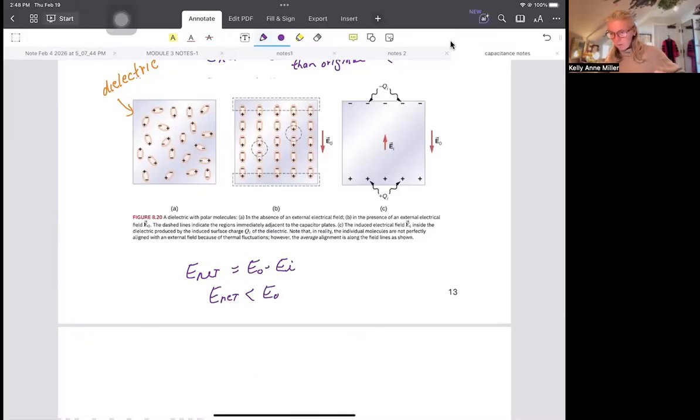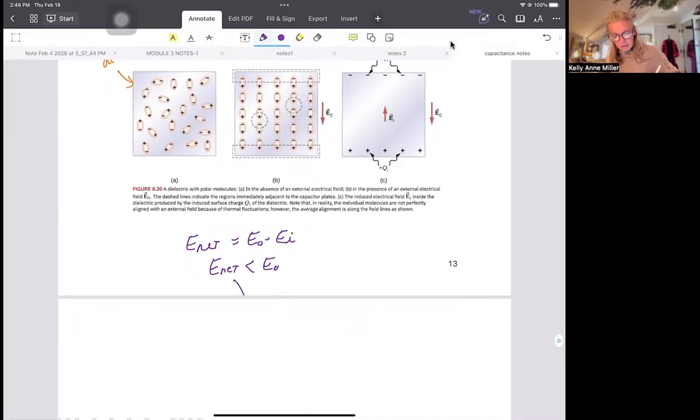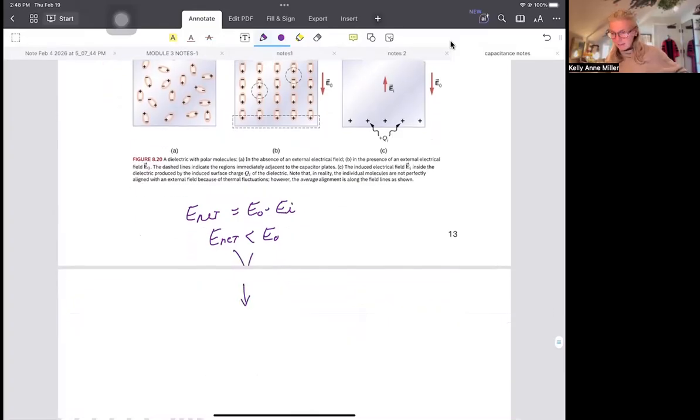Okay, so how does this help? Why does that lead to an increase in capacitance? Well, it basically lowers the potential difference between the two plates. Remember that potential difference is defined by the electric field between the two plates times the separation between the two plates. So if this is smaller, then this is smaller.